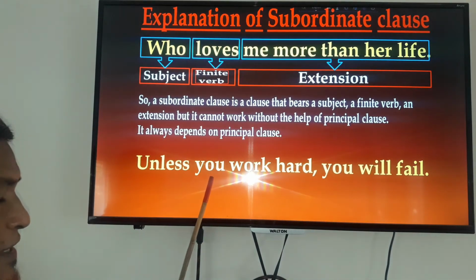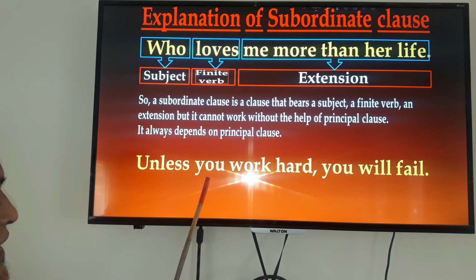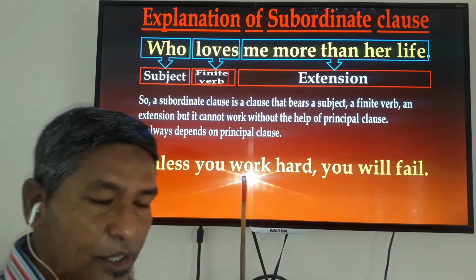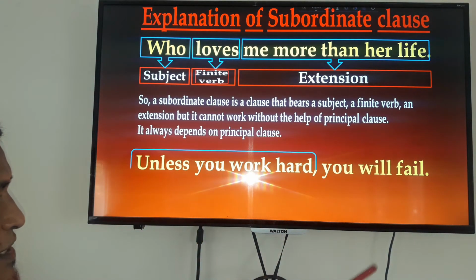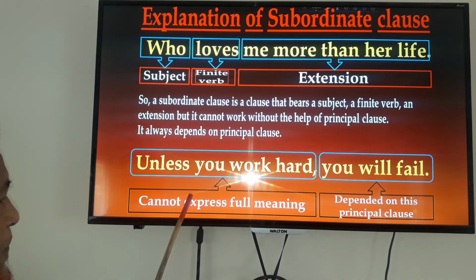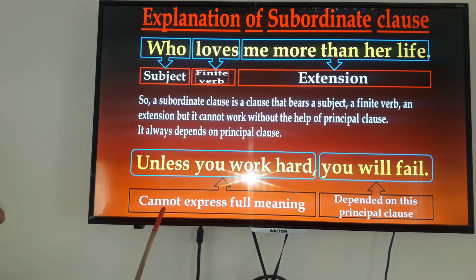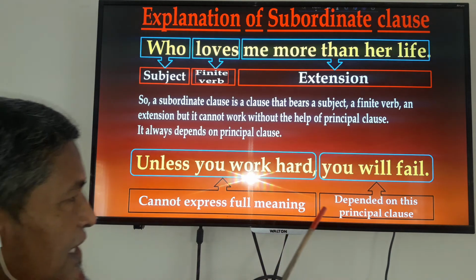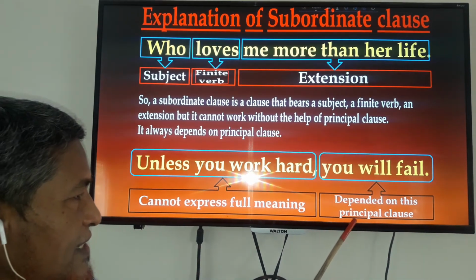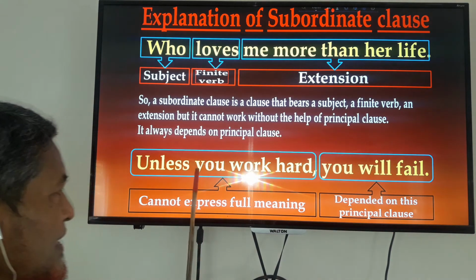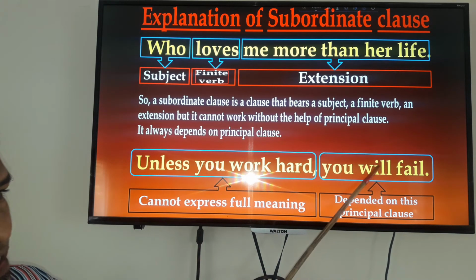And the part at the beginning of the sentence is the subordinate clause. It cannot express full meaning, and it is dependent on the principal clause. So it is a subordinate clause.